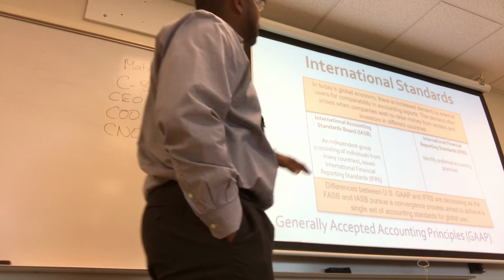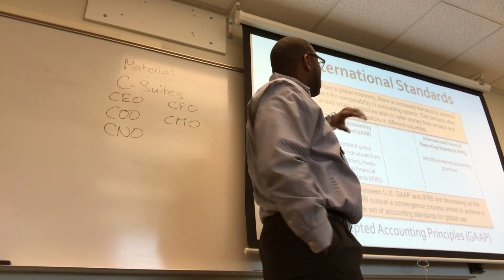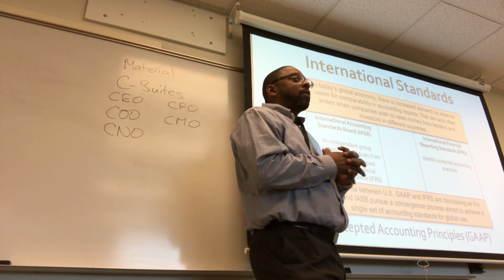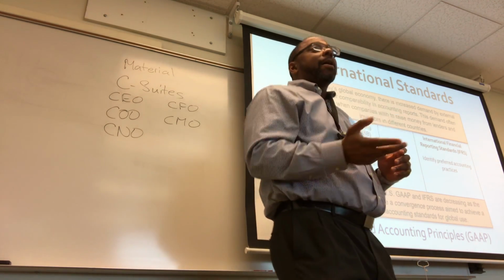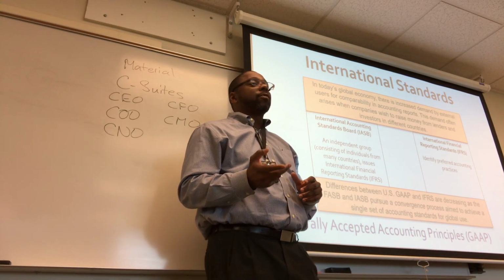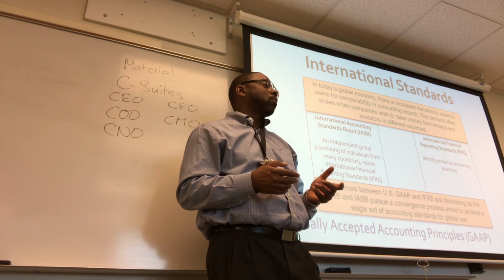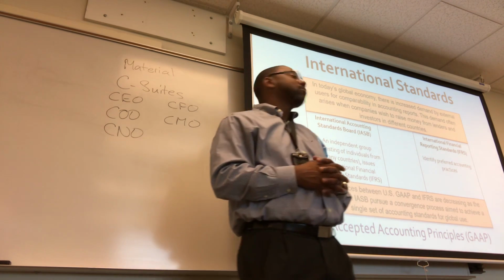International standards, right, in today's global economy, the demand for us to really be on one standard has arisen because a lot of companies have financials and have a presence in the U.S. as well as abroad. So they don't like making two different sets of financials.